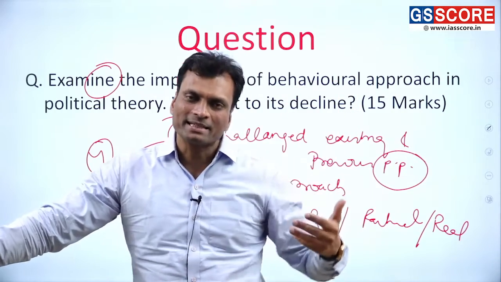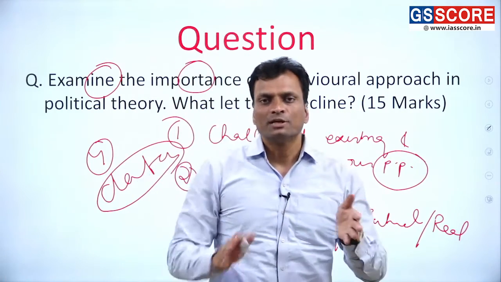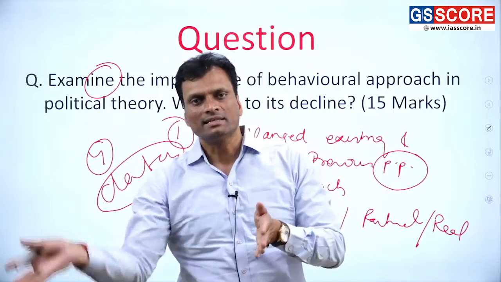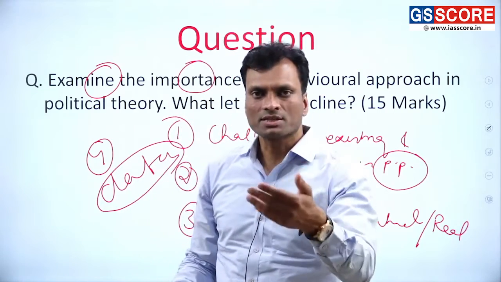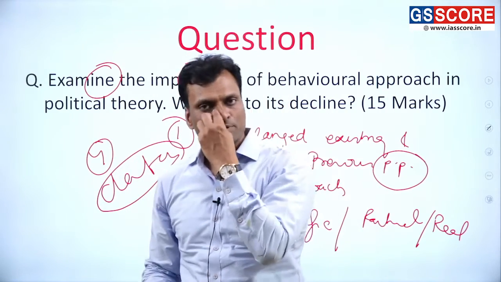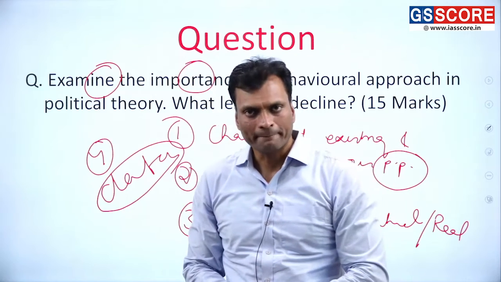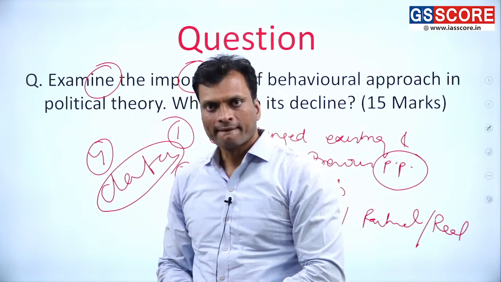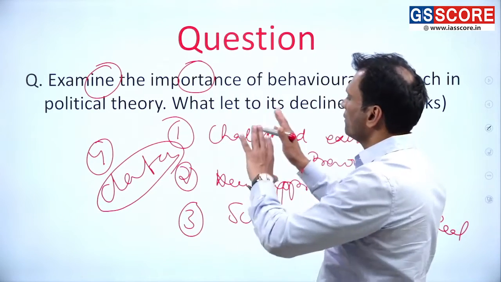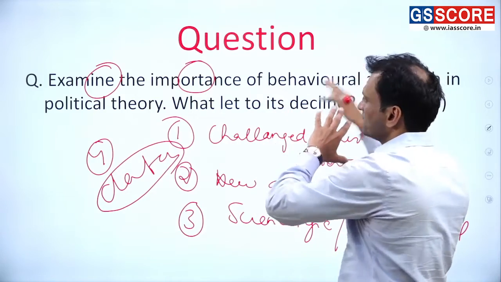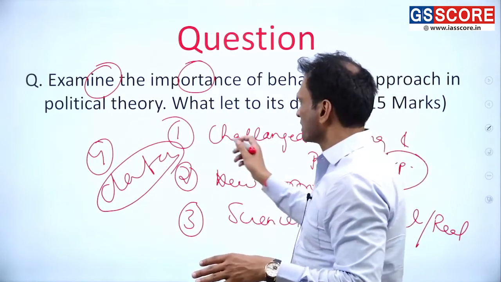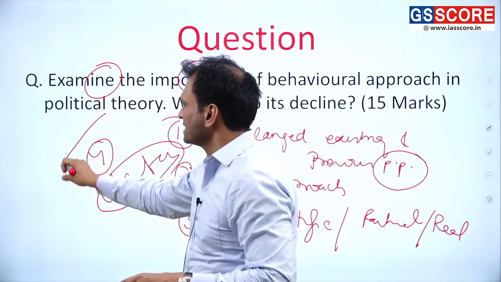And on the pattern of the data which you collect, you make certain theories, which is the justification or proving of the hypothesis which you have made already. So this is how the behavioral approach changed things.